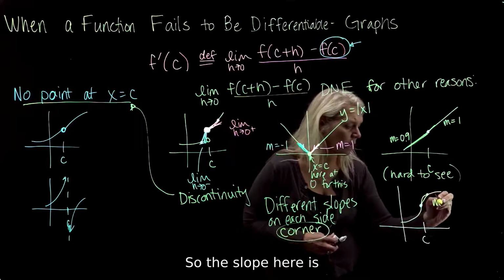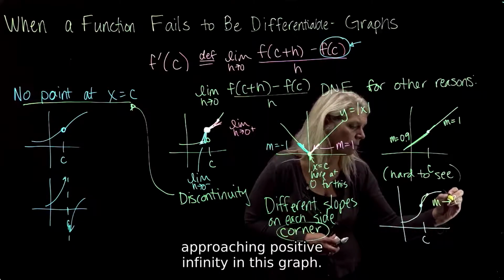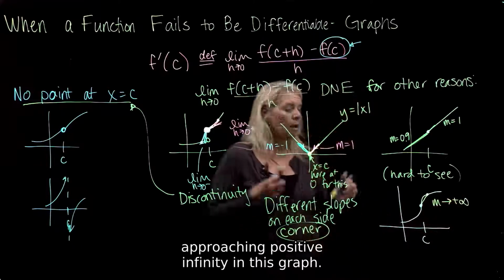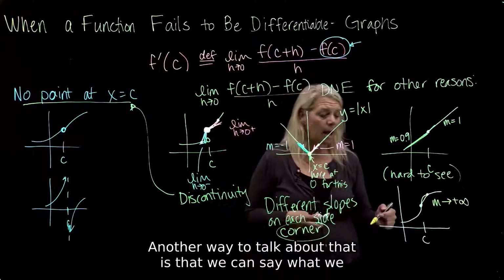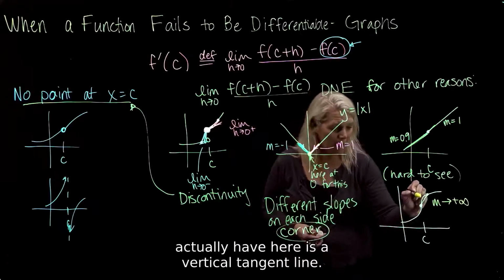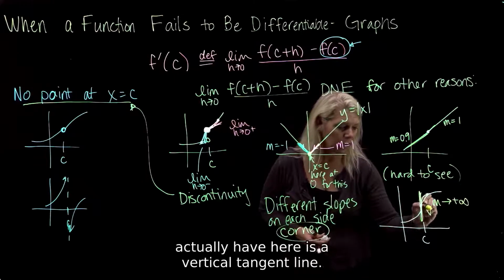So the slope here is approaching positive infinity in this graph. Another way to talk about that is that we actually have a vertical tangent line.